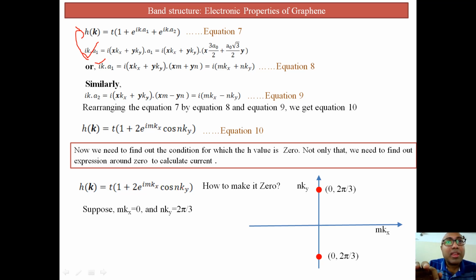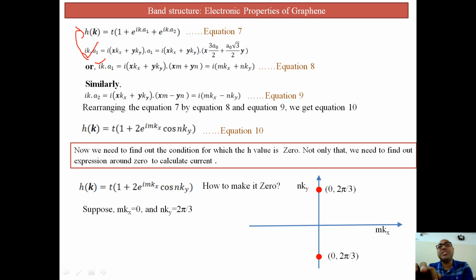So that is nky equal to 2 pi by 3. So nky 2 pi by 3 means, what is the value? It is actually half, so minus half, and minus half into 2 means minus 1. So plus 1 minus 1 is 0. So Hk is equal to 0.